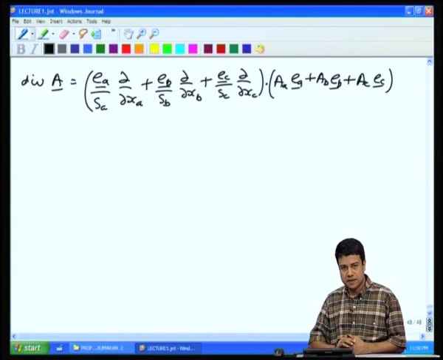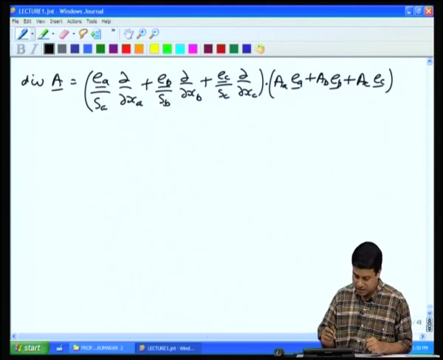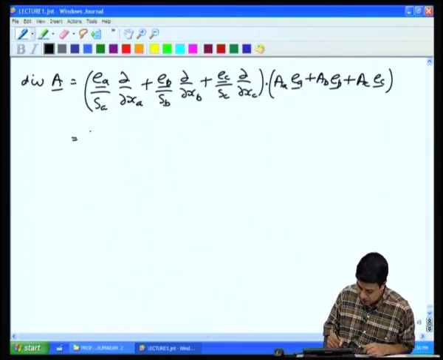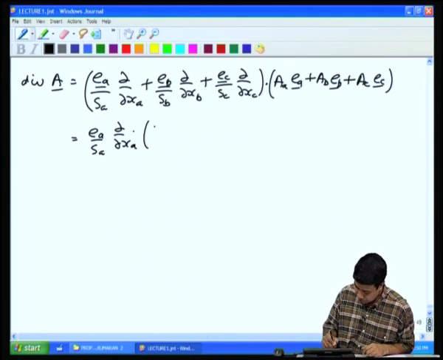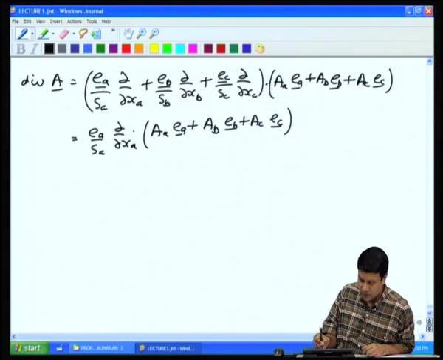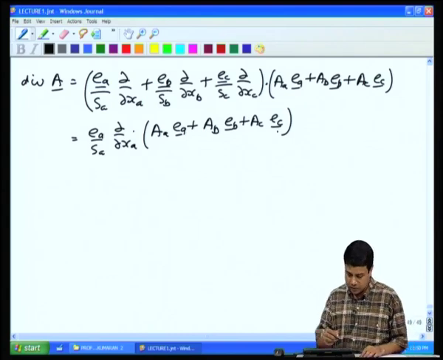Let us just take the first derivative alone, in order to illustrate the case. E A by S A d by dx A of A.